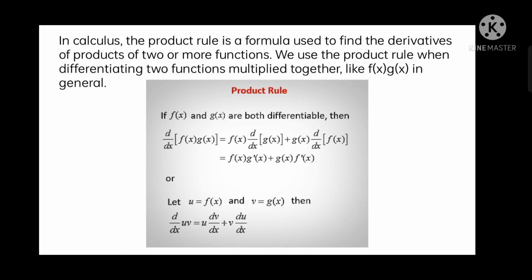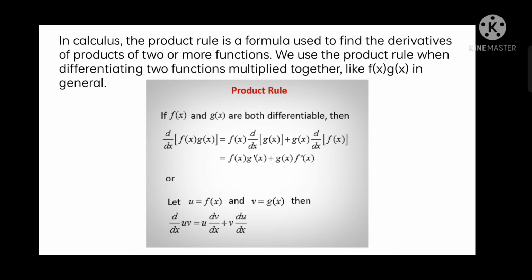The second rule here is the product rule. The product rule is a formula used to find the derivatives of products of two or more functions. We use the product rule when differentiating two functions multiplied together, like f of x and g of x in general.